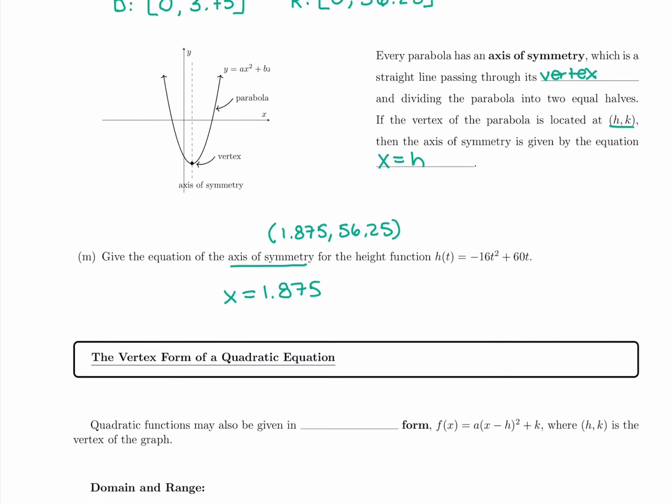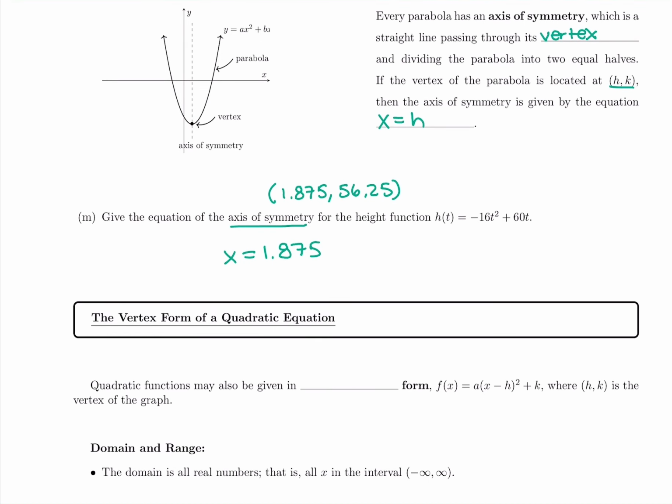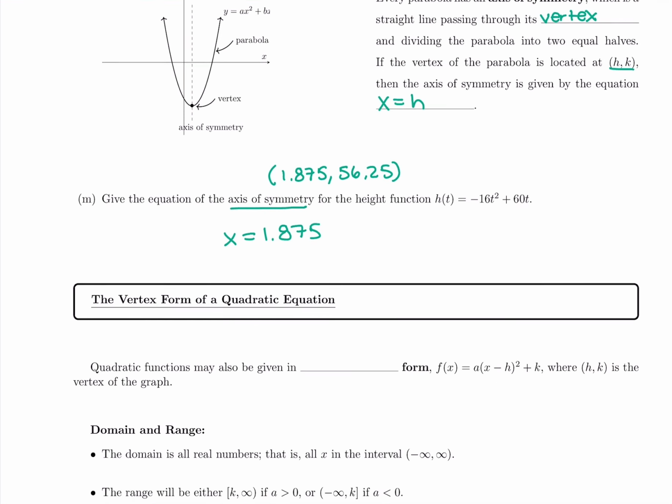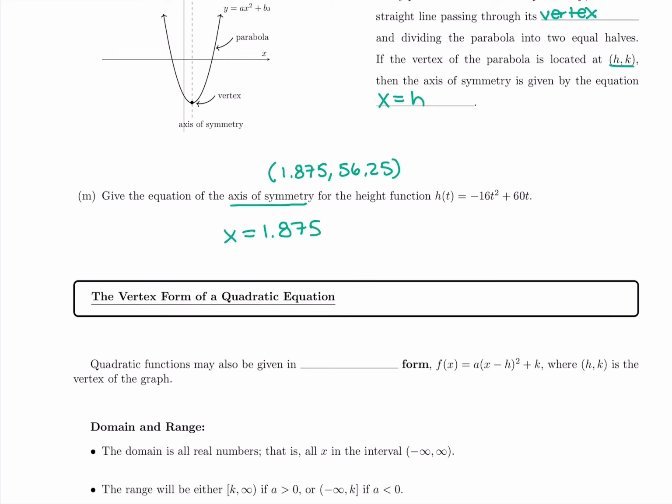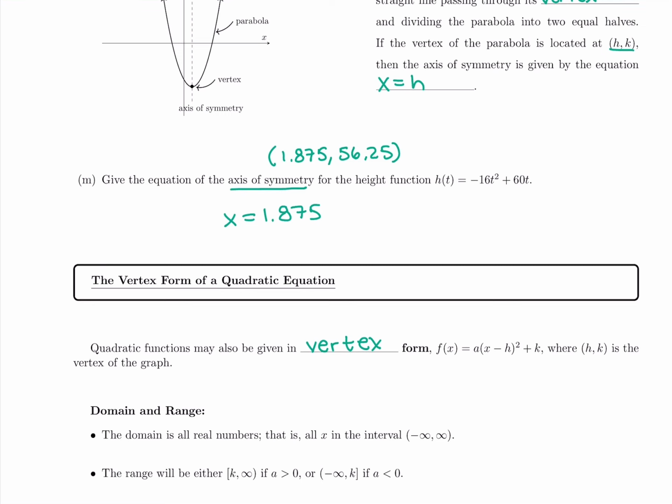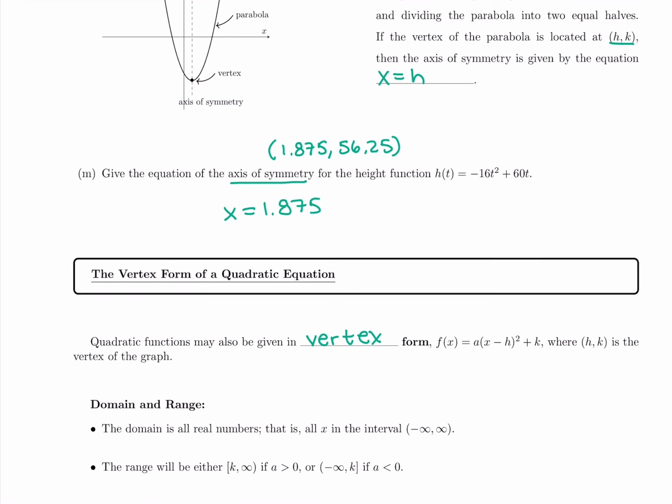So just to summarize, in general, quadratic functions have a vertex. Quadratic functions may also be given in another form, which we're going to get into. We're going to write a vertex form, which is a times (x minus h) squared plus k, where (h, k) is the vertex.